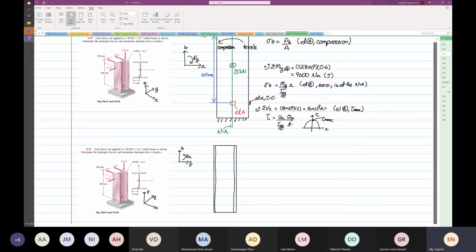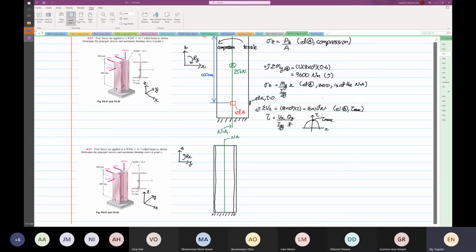Then from here, I'm going to draw the position of my neutral axis. This neutral axis is so important. Without it, it's so difficult. So this is our neutral axis, and built in.